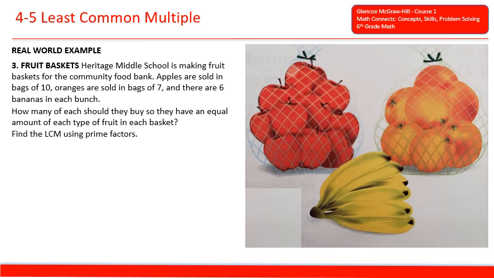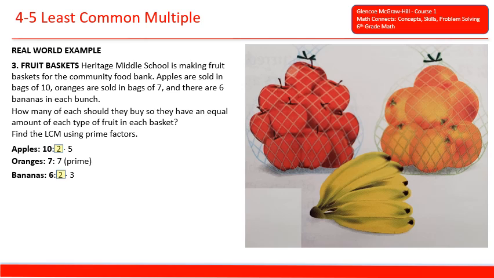So we're trying to find the least common multiple, and we're going to do that using prime factors. So apples, there's 10, and the prime factors of 10 are 2 times 5. And there are 7 oranges, and 7's prime, so we don't have to go any further than that. And then there's 6 bananas, and the prime factors of 6 are 2 times 3.